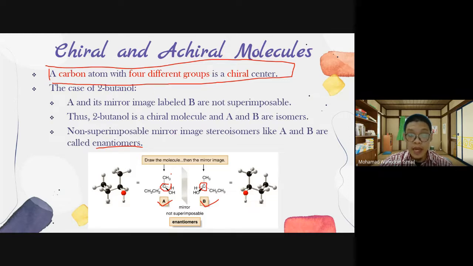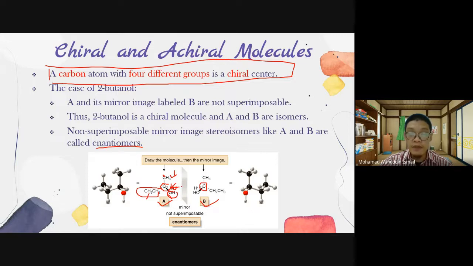Then we look at the four molecules or groups, the functional groups, that attach to that selected carbon. Here we have CH3 as the first, then CH2CH3, then H, and the fourth one OH, meaning there are four different groups attached to that selected carbon.